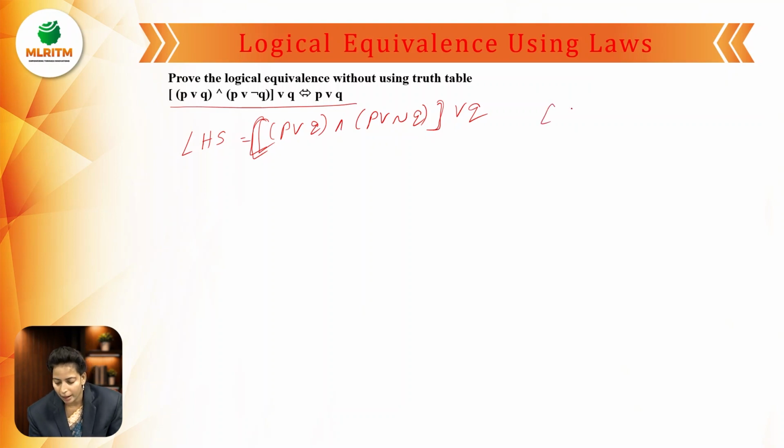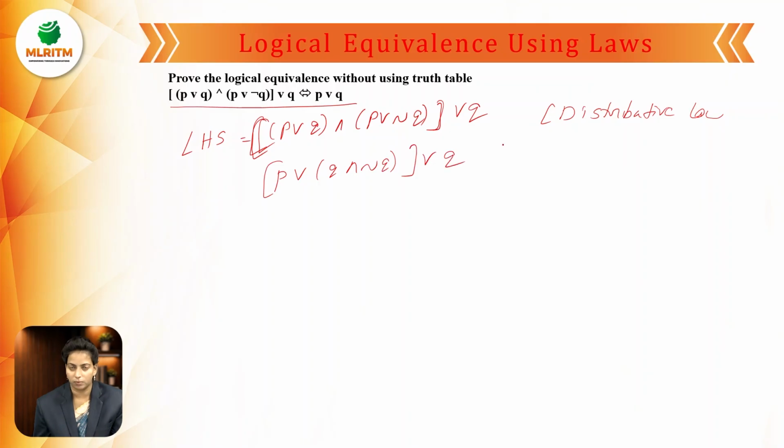So apply the distributive law: P or (Q and negation Q), or Q. Q and negation Q is equivalent to false.